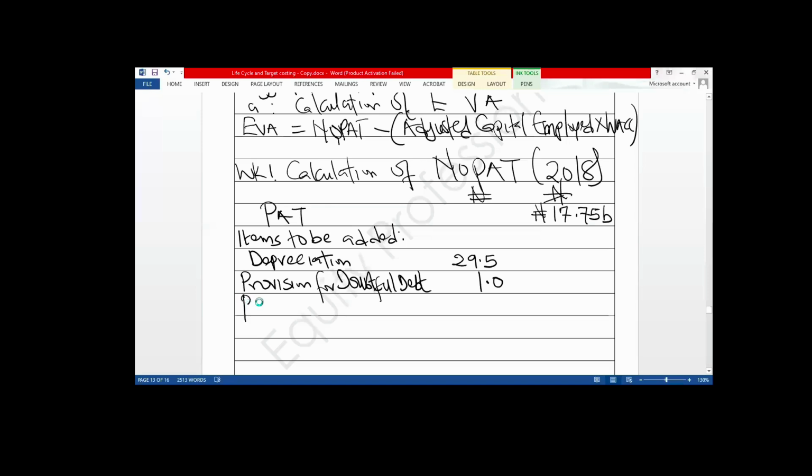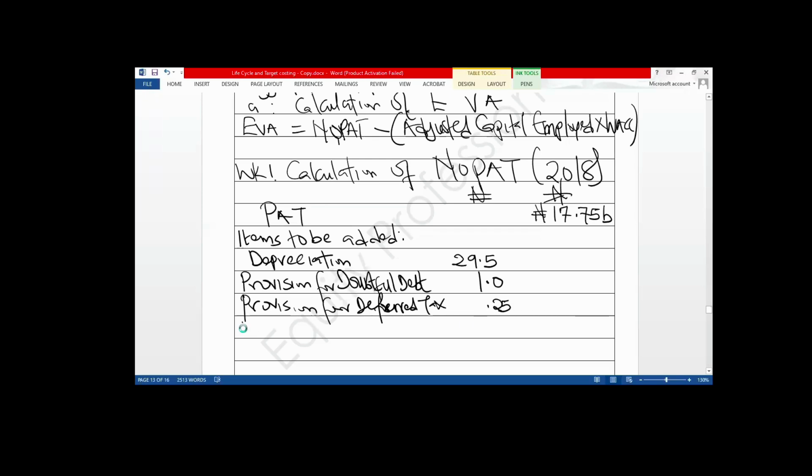Now check. Do we have provision for the VAT taxation? Look at note number 3. 0.25.